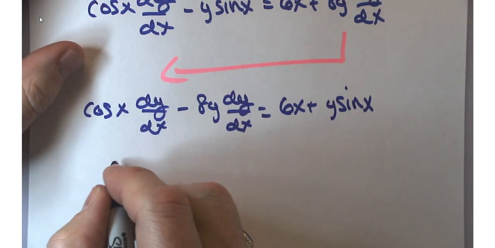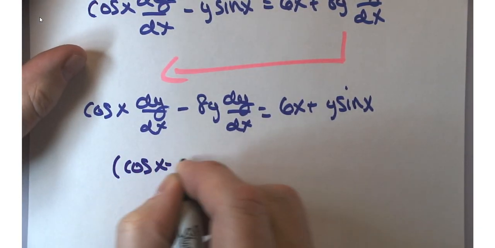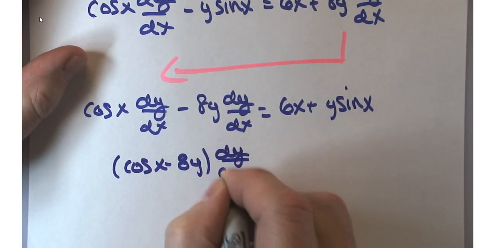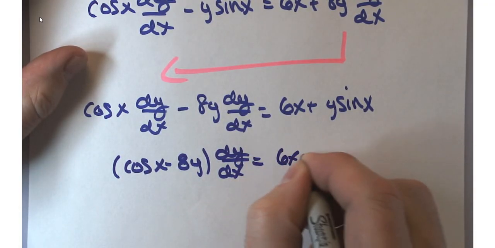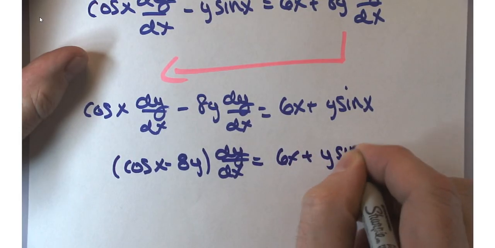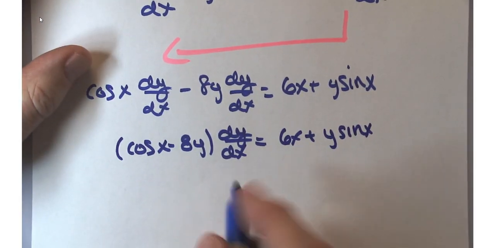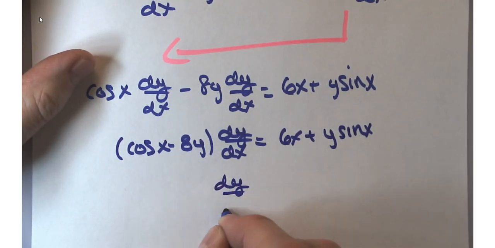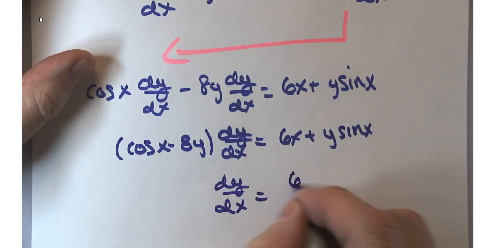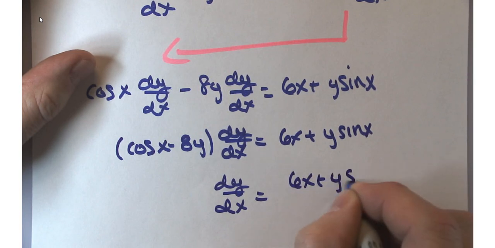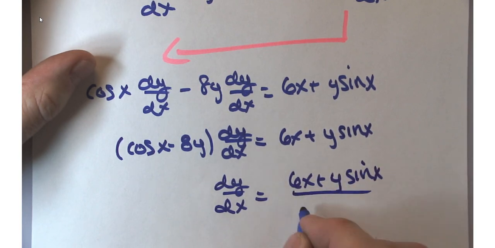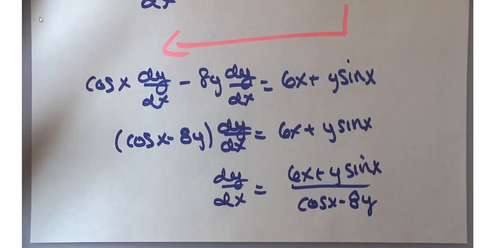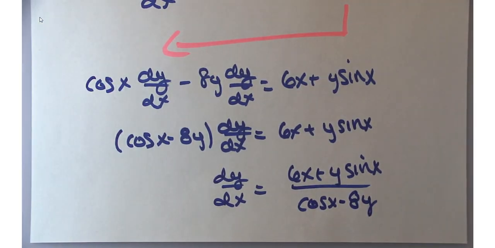So it's going to leave me with cosine of x minus 8y times dy by dx equals 6x plus y sine of x. If I divide both sides by this coefficient, I end up with dy by dx equals 6x plus y sine of x over cosine of x minus 8y. Whew! Grab the oxygen bottle.